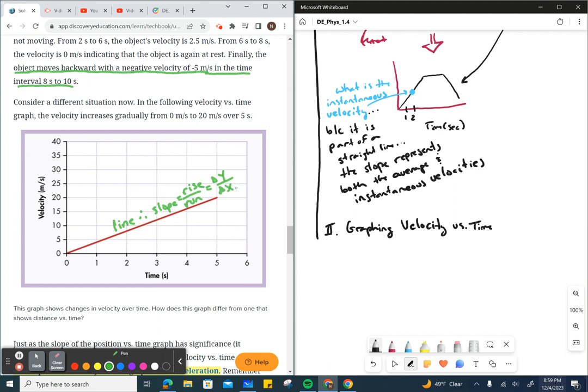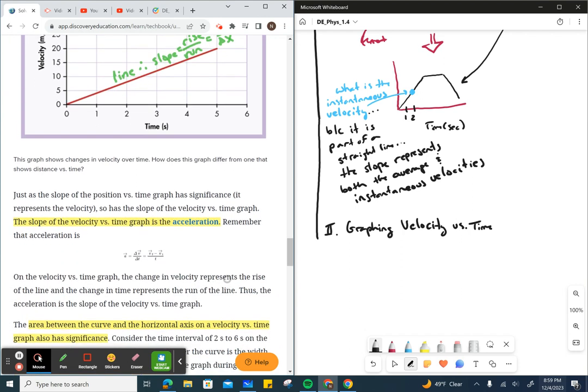All right, so whenever you see some of these things, you can take these basic math principles and use them to help interpret your data in science, okay? The slope of the velocity versus time graph is the acceleration. That is actually maybe really important to know, okay?